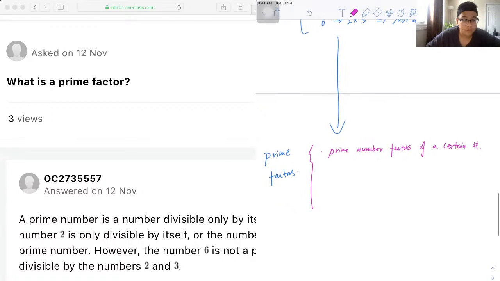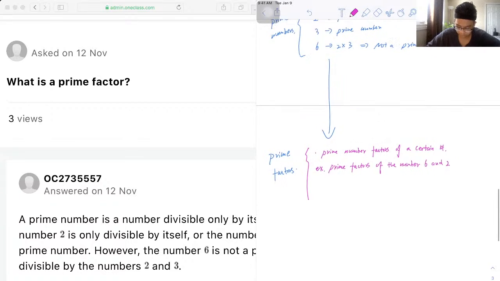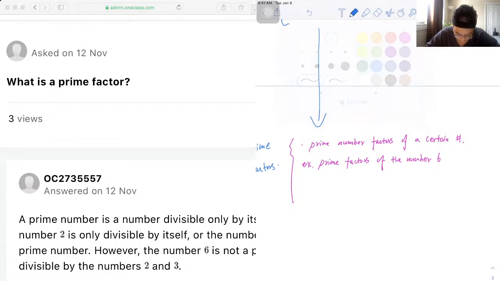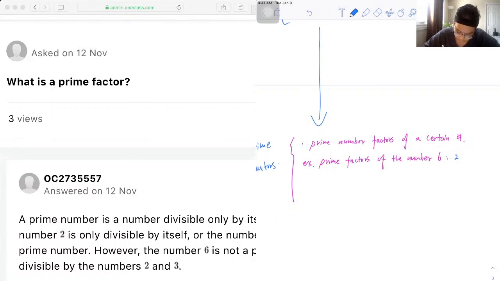Right. So for example, the prime factors of the number 6 are 2 and 3.